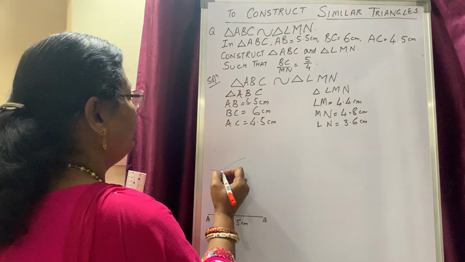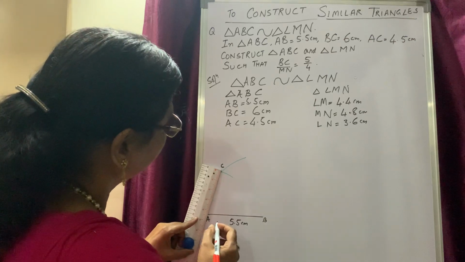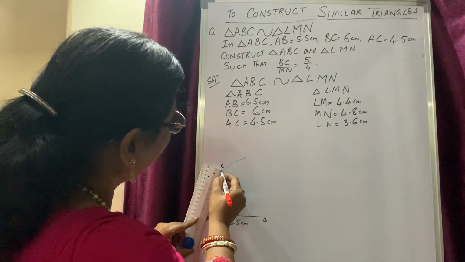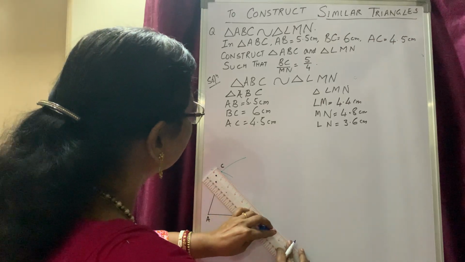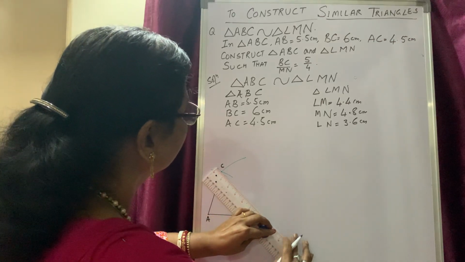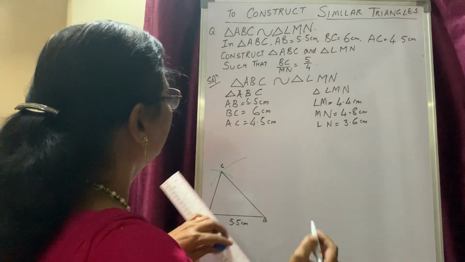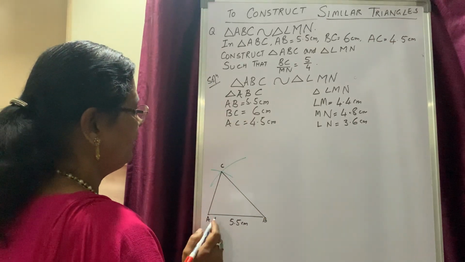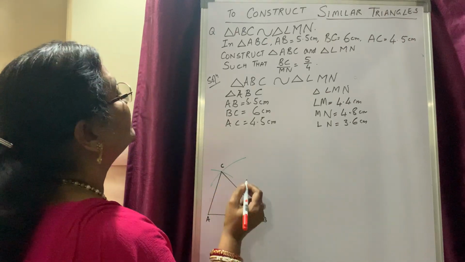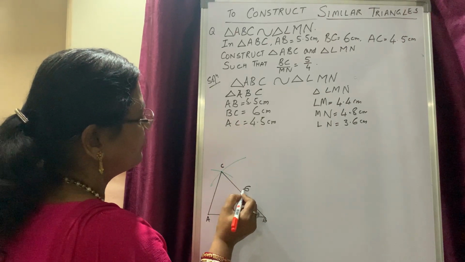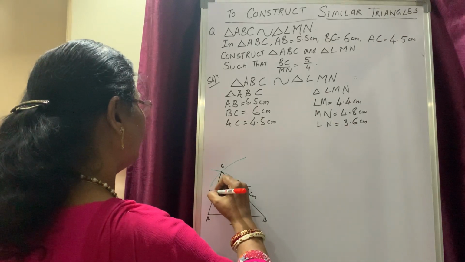So this point is our point C. We will join these points AC and BC. This is our triangle ABC, where AB is 5.5 centimeter, BC is 6 centimeter, and AC is 4.5 centimeter.